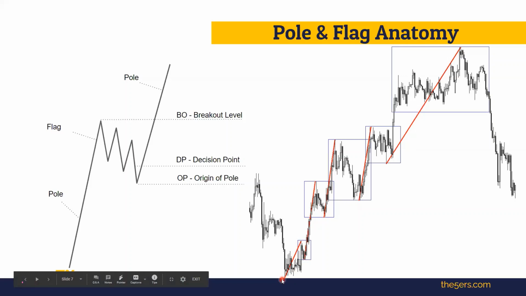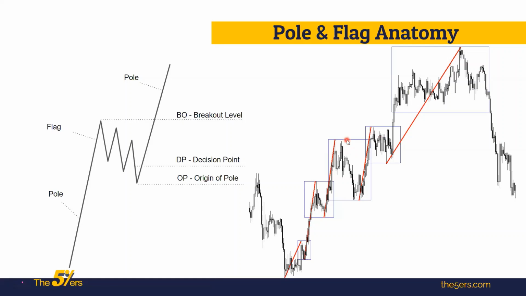That would be the pole, and the retracement would be marked in this box from the very top to the very low, and from that another pole originated up, and then price was bursting up, and another retracement.